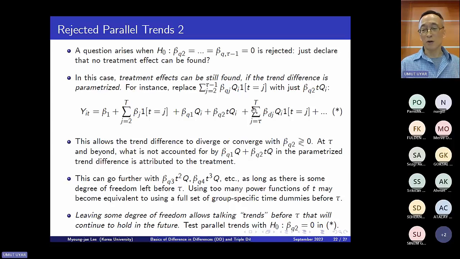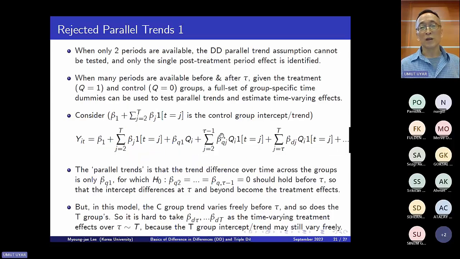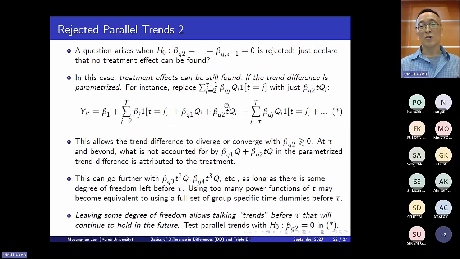So for example, going back here, by using this term, you allow the trend difference to take any form. But here, I replace this term with a linear function of time. So the model becomes this.